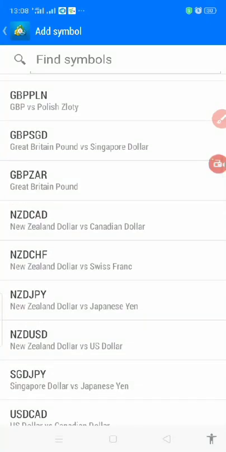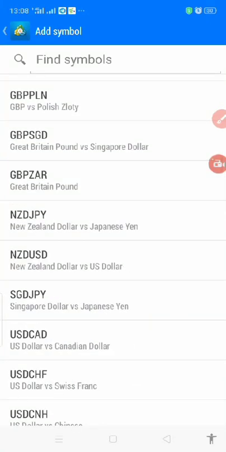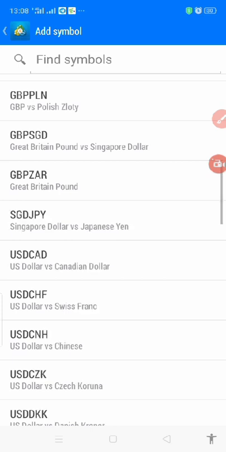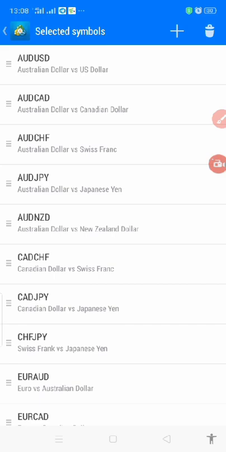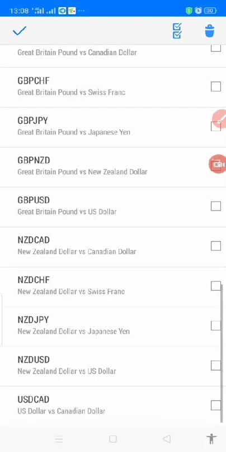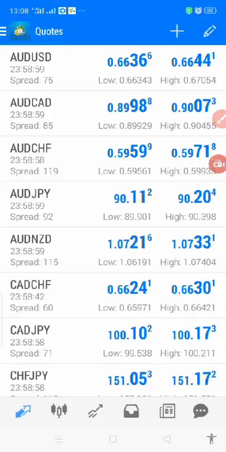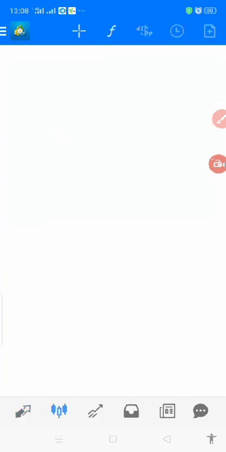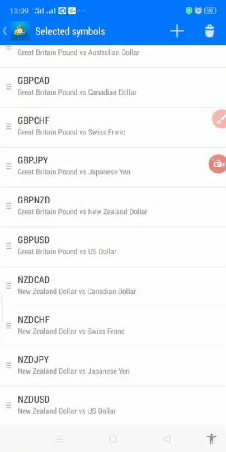Then we have NZD CAD, NZD CHF, NZD JPY, NZD USD. Sorry, I'll remove the USD pairs, it's not inclusive.